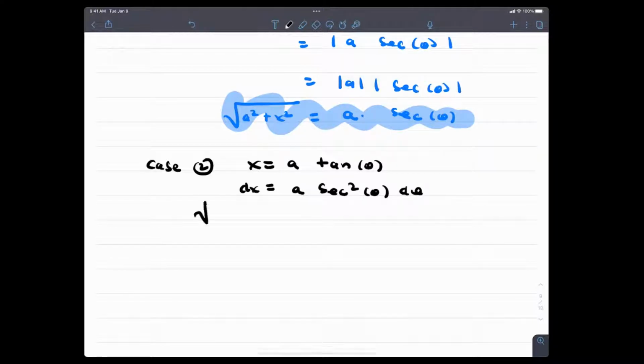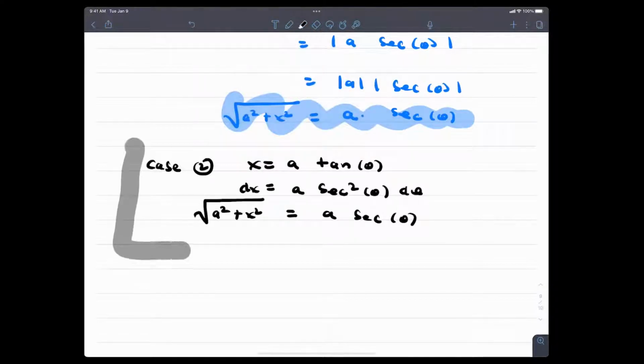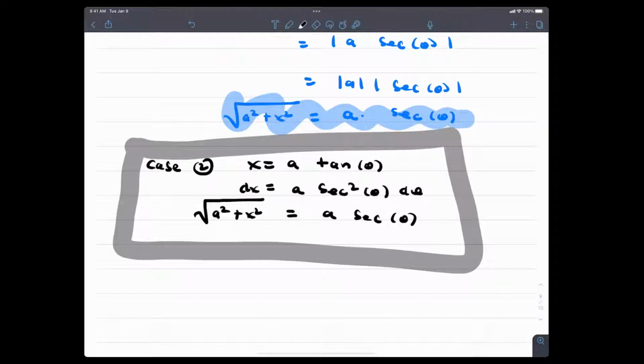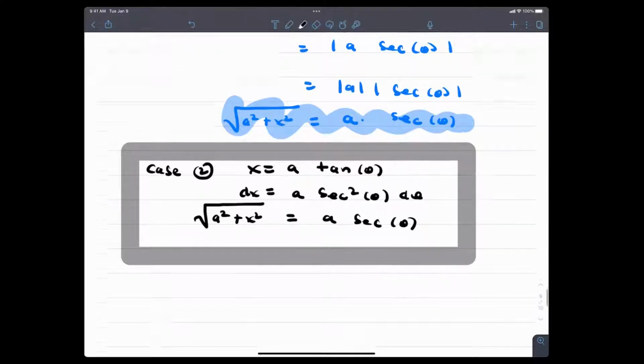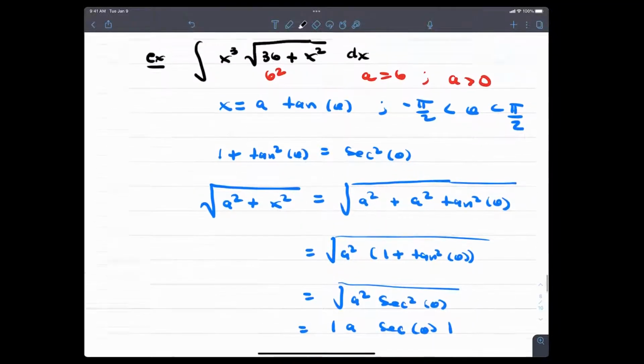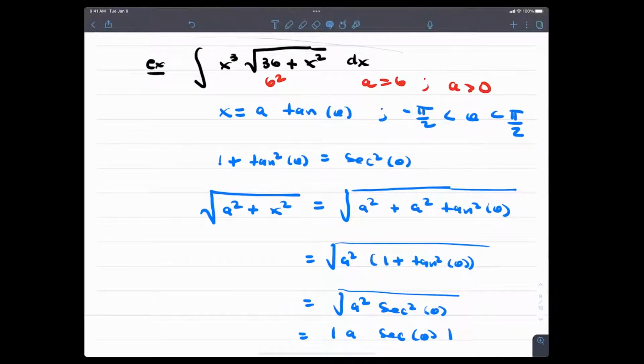And then they'll say for the radical of a squared plus x squared, use a secant theta. This is your trig substitution information. So some books will do it that way. You know, they give you these 3 things. And that's okay. You know, that's fine too. We just have to try it out. So, all right, let's try this out. Let's copy that.